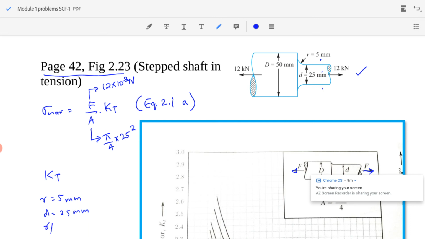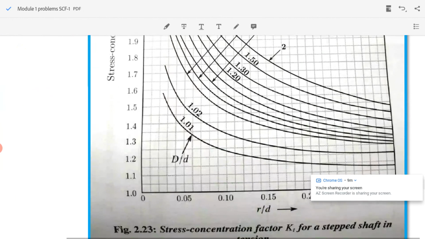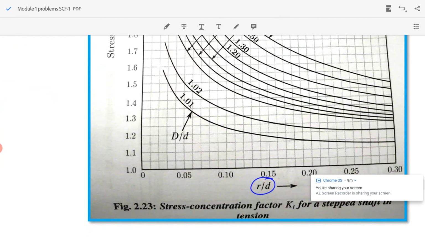Therefore R by d equal to 5 by 25 equal to 0.2. So I can find that point on the graph. So this is the point of our reference, that is R by d equal to 0.2.